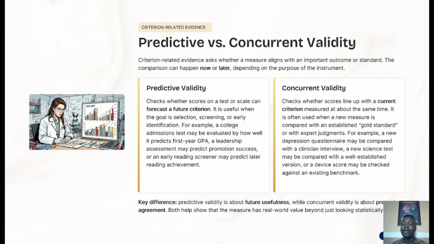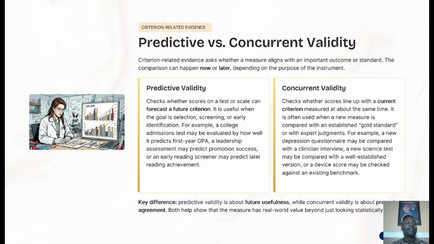For example, a new depression questionnaire may be compared with a clinician interview. A new science test may be compared with a well established version. So what it means is that one is validating what will happen in the future, while the other is validating what is happening now.